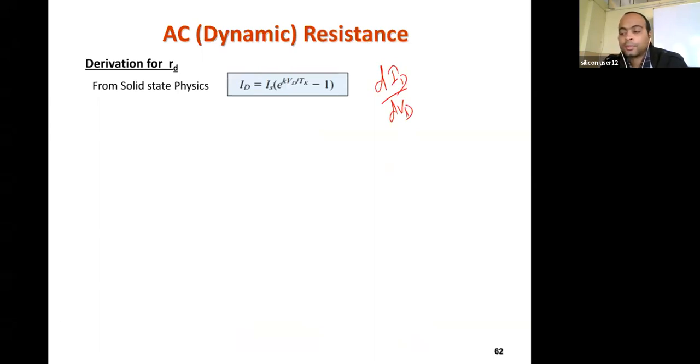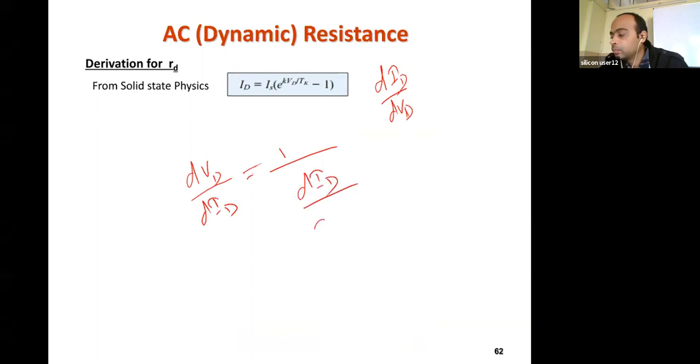Once I do the derivation, I take the reciprocal of that, so dVD by dID equals 1 by dID by dVD. And dVD by dID is nothing but the resistance, because resistance is in terms of V by I. So to find the resistance, I need dVD by dID, which is also equal to 1 by dID by dVD.